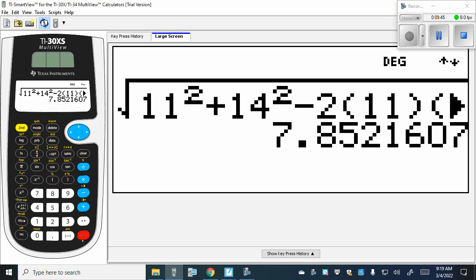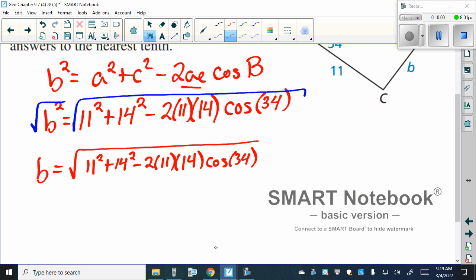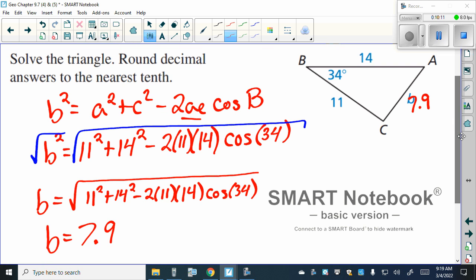And type the whole thing in and hit enter, and we get 7.852. Well, if we're going to the nearest tenth, we would round up to 7.9. So B is equal to 7.9. Any questions on this here?